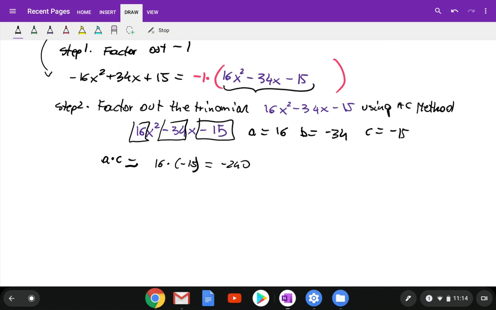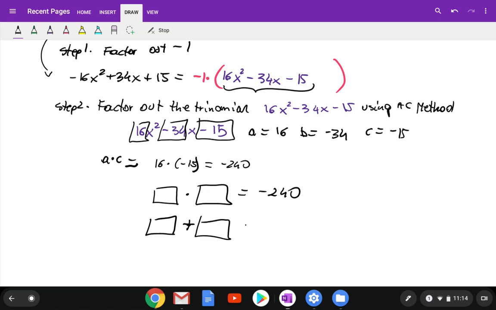Okay, so find two integers which by multiplication give you that AC, which is negative 240, and the same two integers which by addition give you b, which is negative 34. So again, that's b, and that's AC.